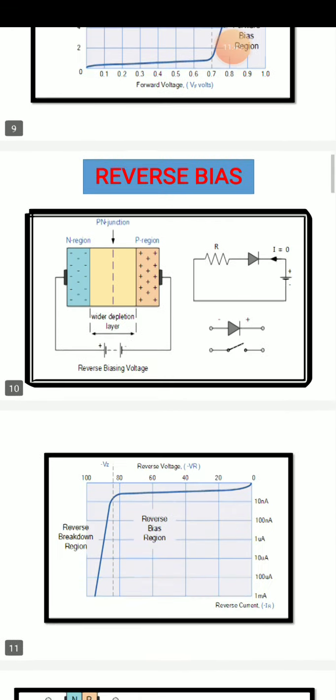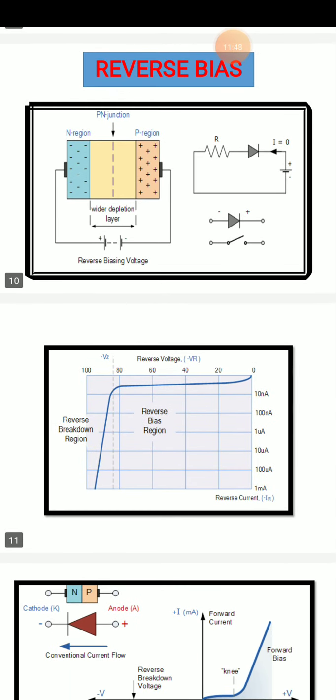And next is the reverse bias. Reverse bias is quite opposite to the forward bias. You can see here the reverse biasing operation. The positive terminal is connected to the N region and the negative terminal is connected to the P region.